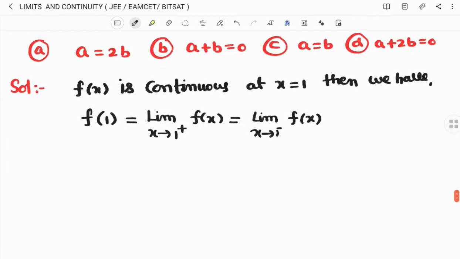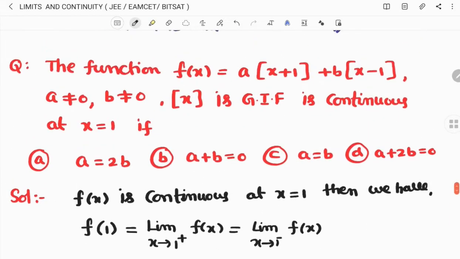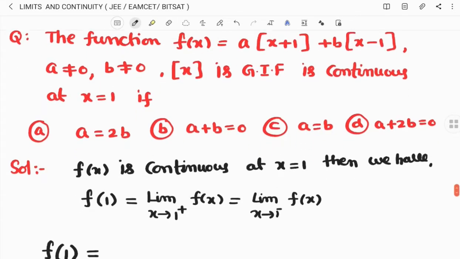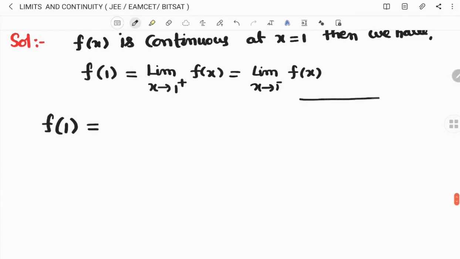So first I am calculating the value of f of 1. F of 1 means wherever x is there, you have to replace it with 1 in the given function.